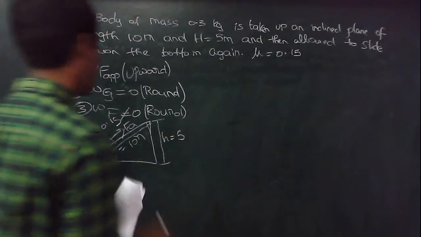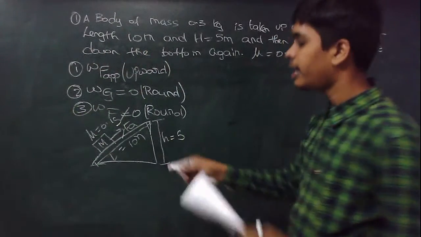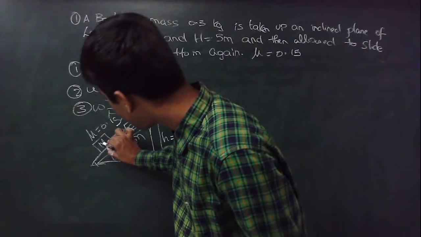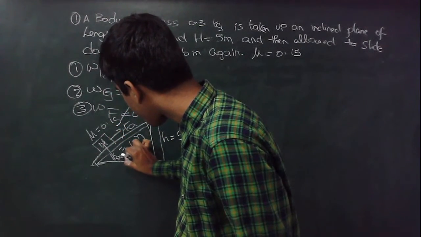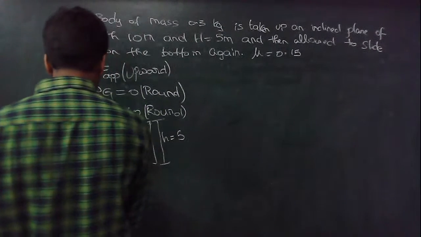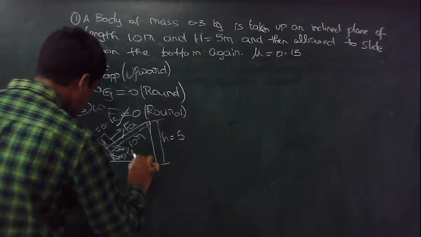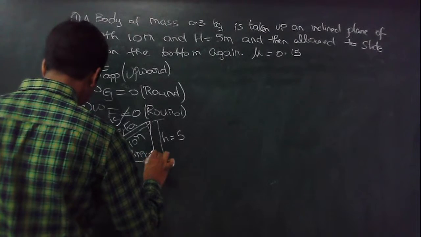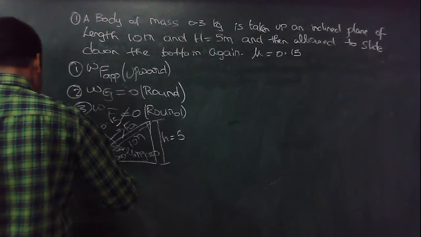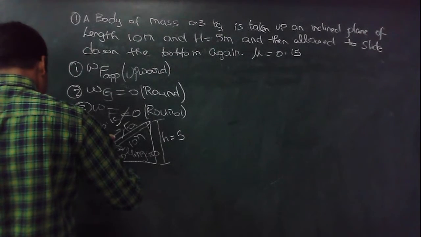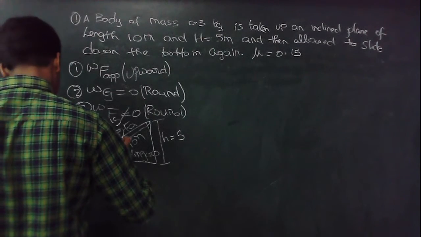Now for the upward journey, here mg, and here this mu mg cos theta. Here it is mg sin theta plus friction.